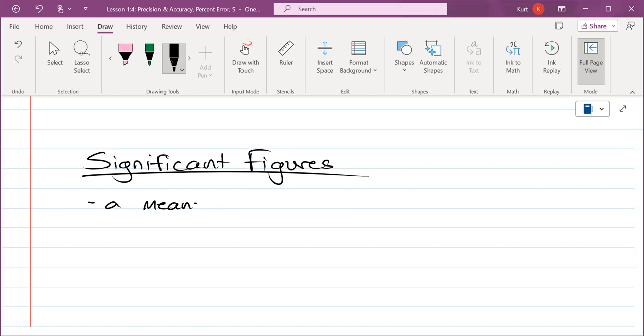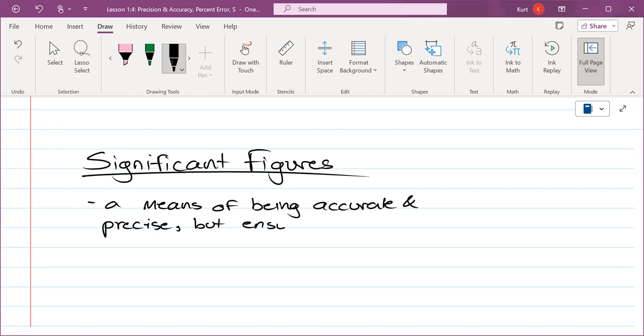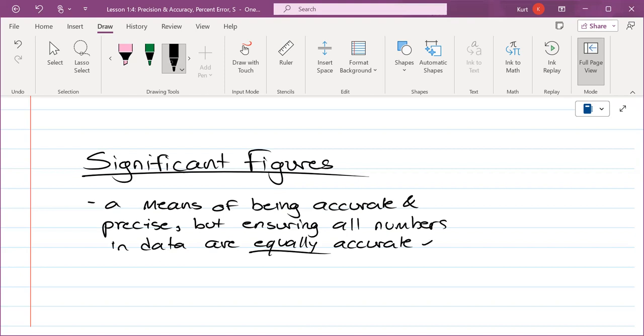This is a means of being accurate and precise but ensuring all numbers in the data are equally, that's the key part, accurate and precise.